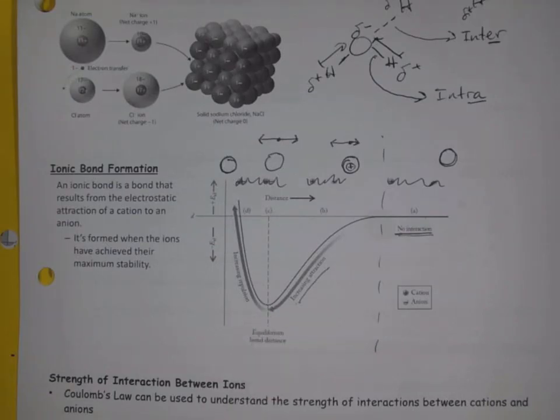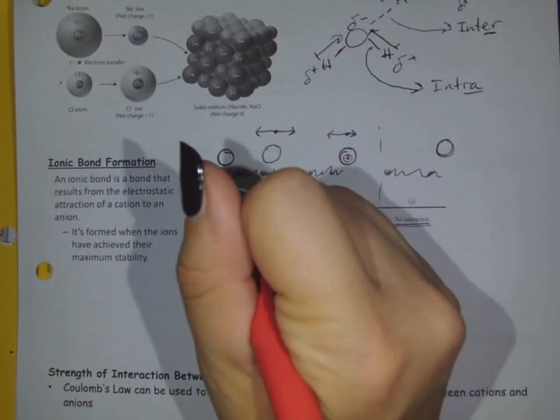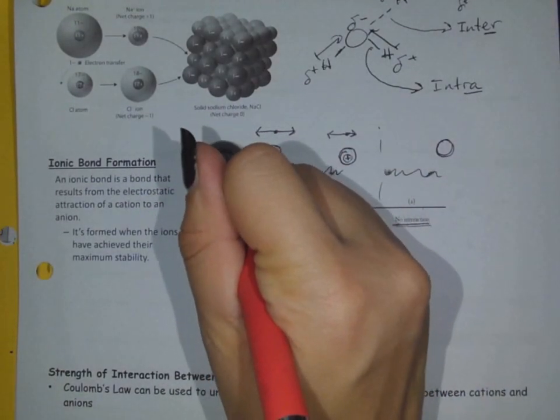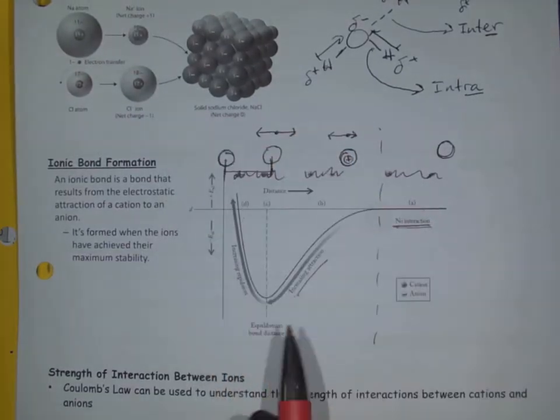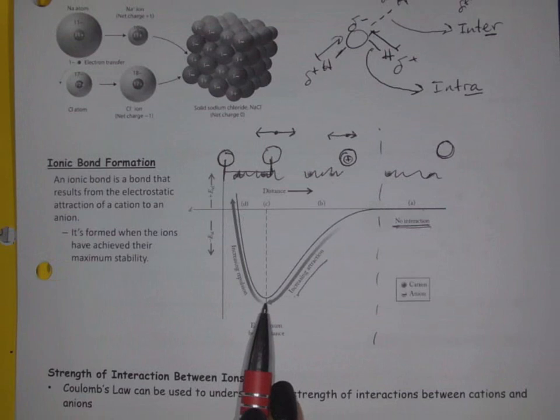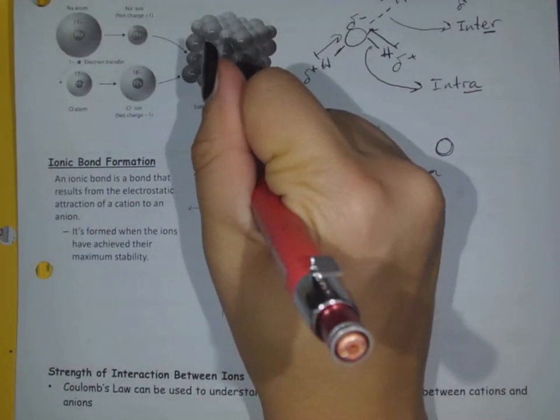Another way of thinking about this is that's where these atoms are going to want to be in relative space to each other. This distance between the nuclei of this atom and this atom at that low point in energy is the bond length.